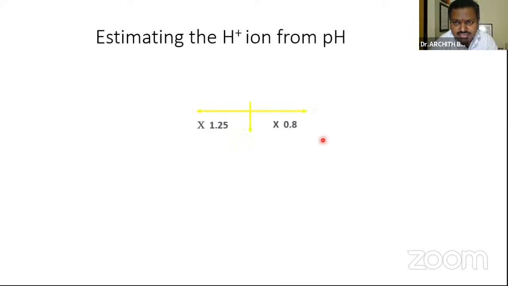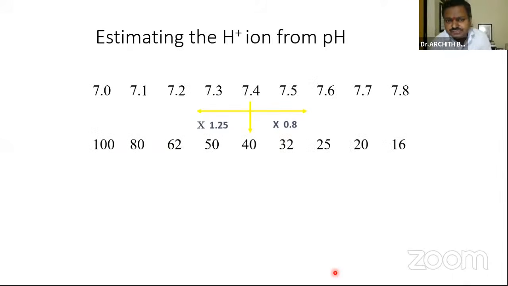Always estimate the H plus from the pH. This is a simple thing that you know. That is how you calculate the H plus based on the pH. So you know that 7.4 would correspond to around 40. That's a normal H plus.